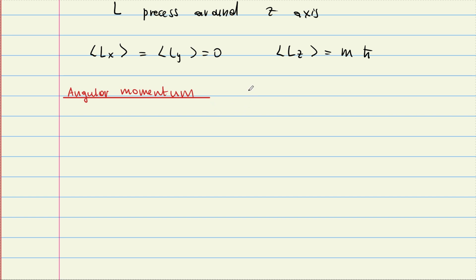Classically, L is equal to, if you know mvr, it's baby angular momentum. Now we are specialists, so we have to do real angular momentum, and for that we have to have these vectors and this cross product. And when you go to quantum mechanics, p is just going to be minus i h bar nabla.